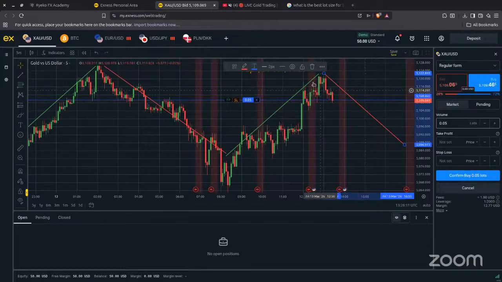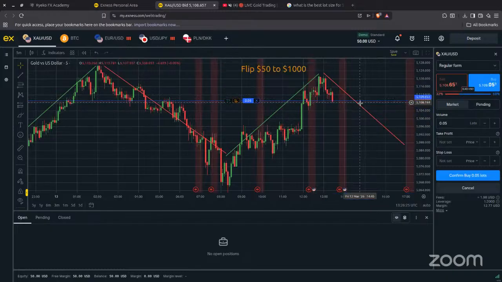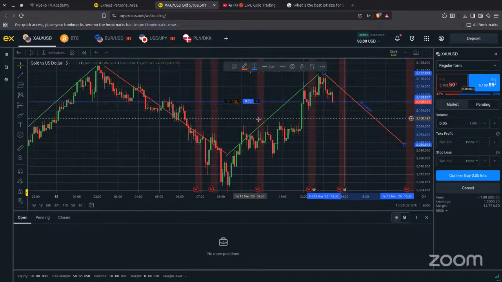I've already seen this is going down, and no doubt about it. Okay, so we can actually say that's bearish. Okay, this is bullish.